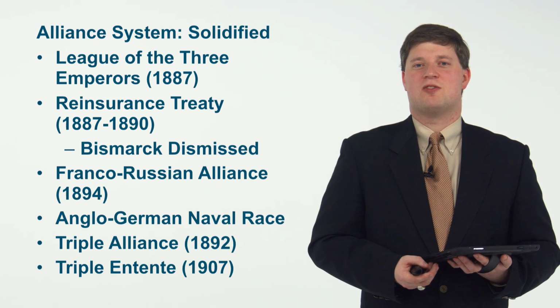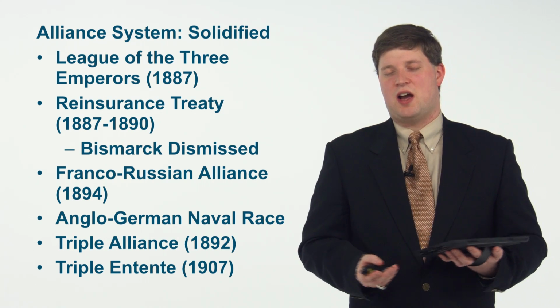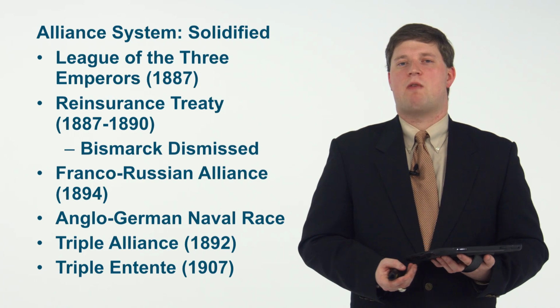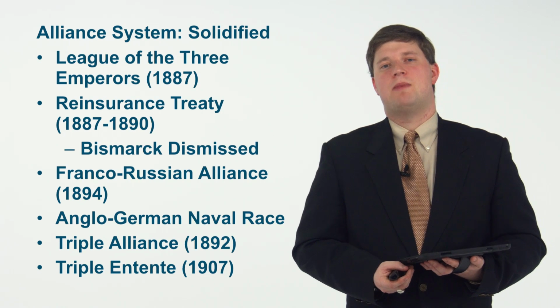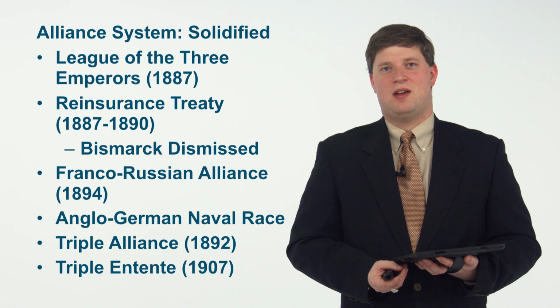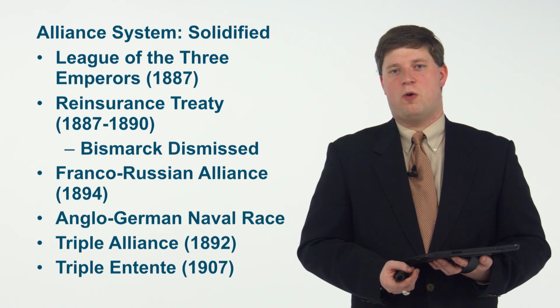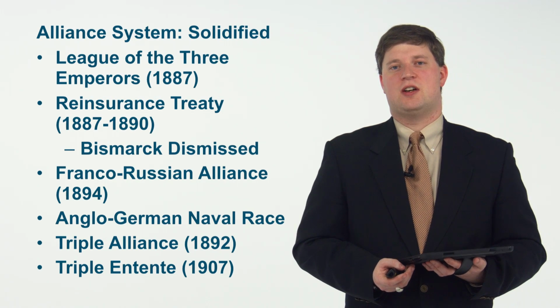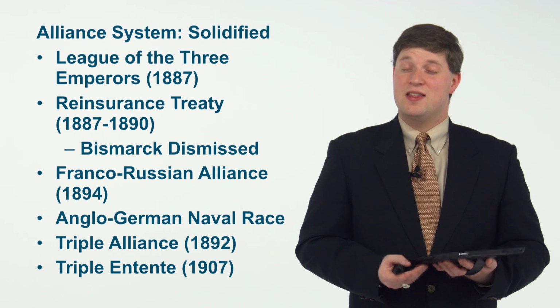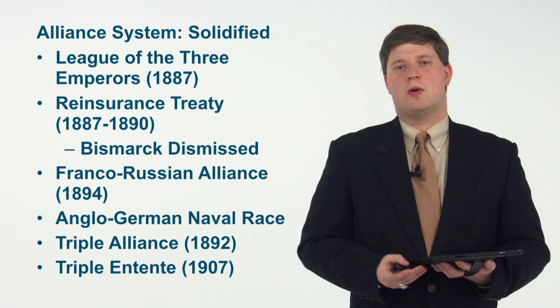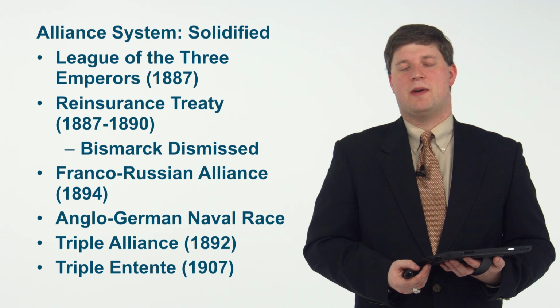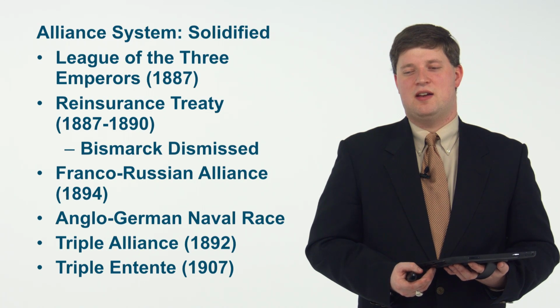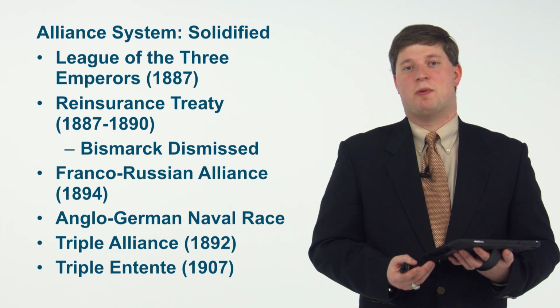And that's important because Russia, now not tied to Germany, starts looking around for, well, what power might be interested in me? And this leads to, in 1894, the formation of a Franco-Russian alliance. This alliance, a linkage of powers on both borders of Germany, was the goal of Bismarck to prevent.